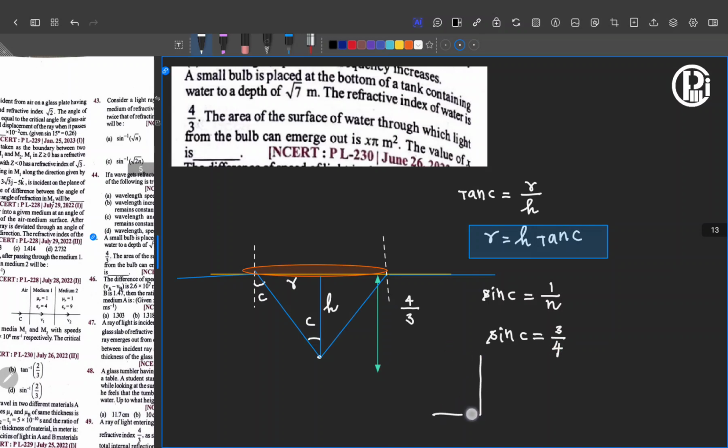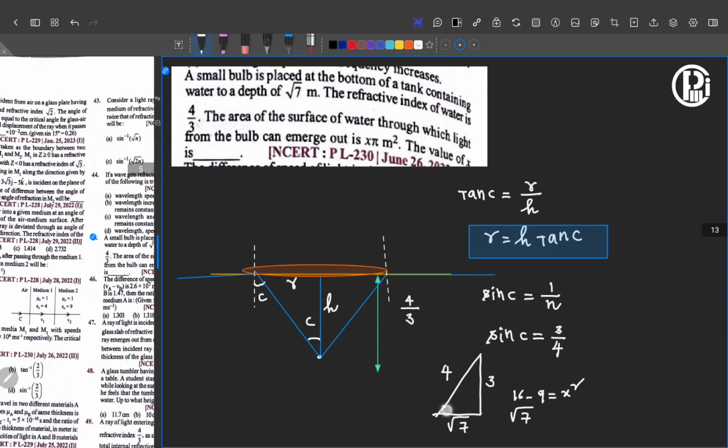From this right angle triangle, you can write 3 here and 4 here. Now the third side: 16 minus 9 is equal to x square, so it can be written as root 7.